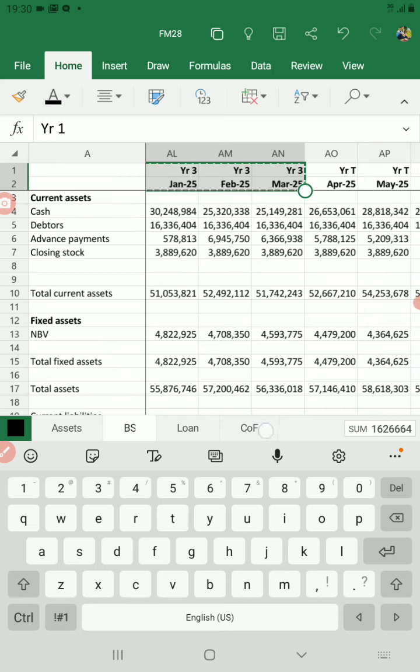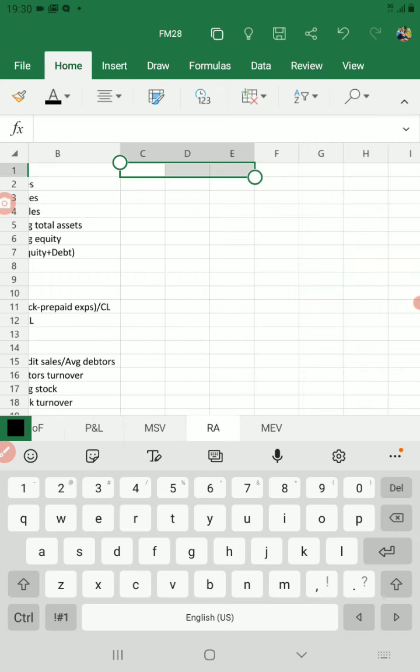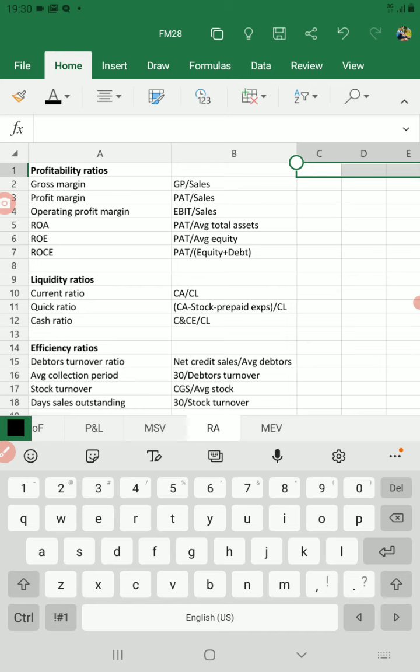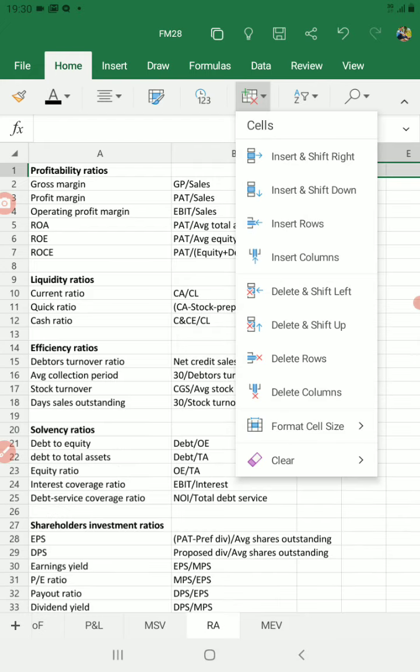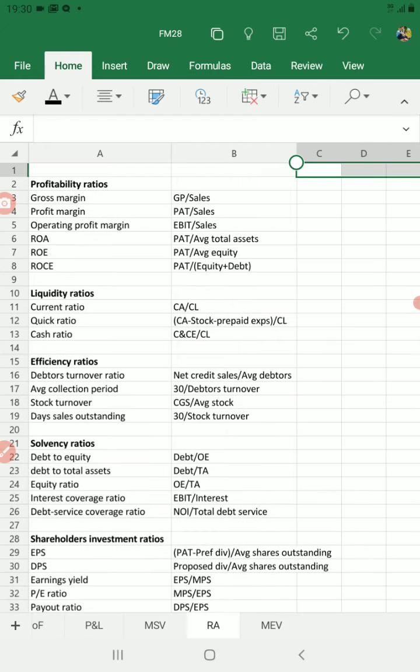And then go to our ratio analysis sheet here, and then paste it there. Okay, so I need to first create some rows before I do that exercise. Let me create some rows. Insert rows. Yeah, that one is enough.